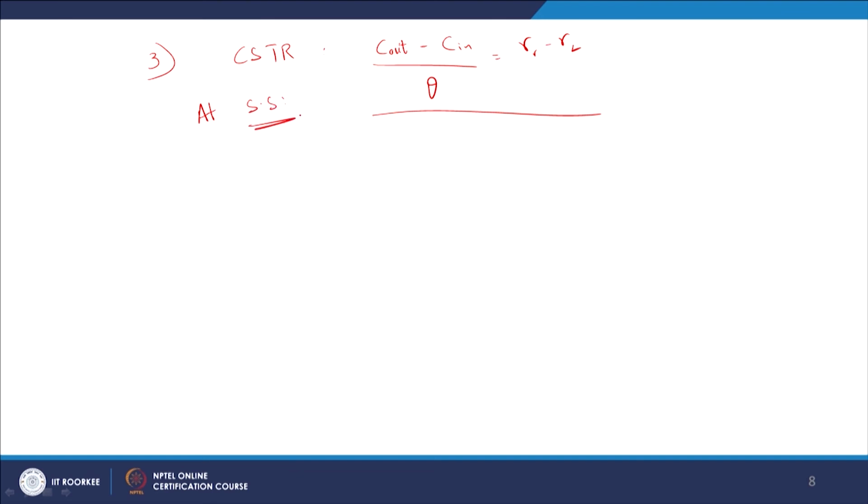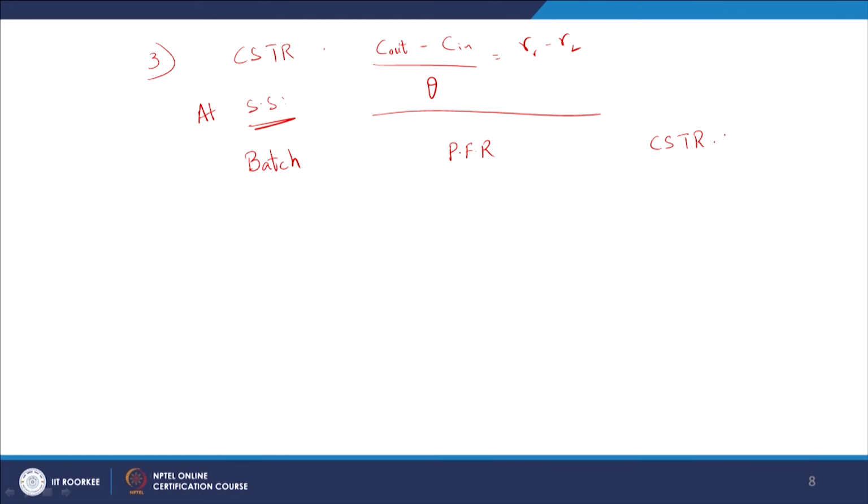What is the take home message here? You see that there is no differential equation here, it is just a usual equation. That is relatively different from what we observed with respect to the batch reactor. So let us write down what we looked at with respect to all the three cases, and we now have CSTR.